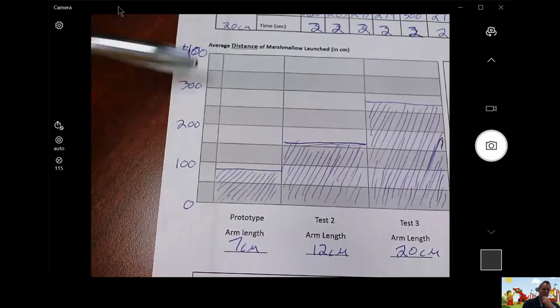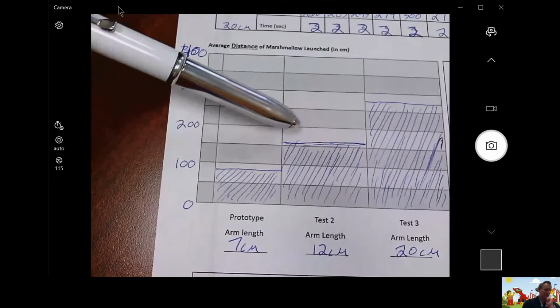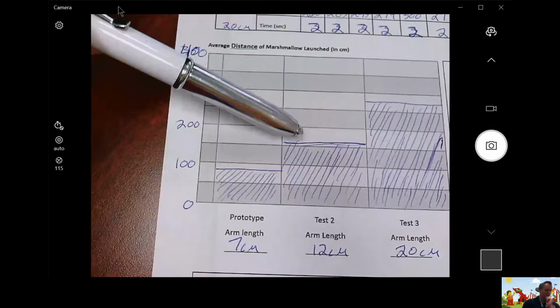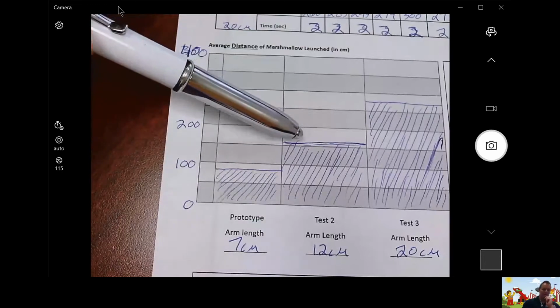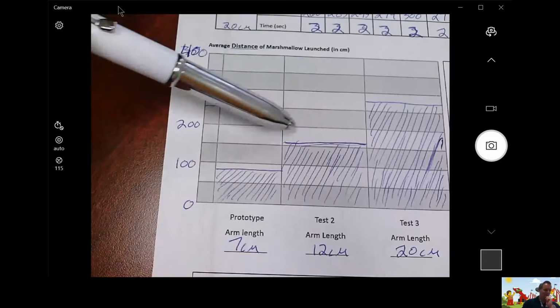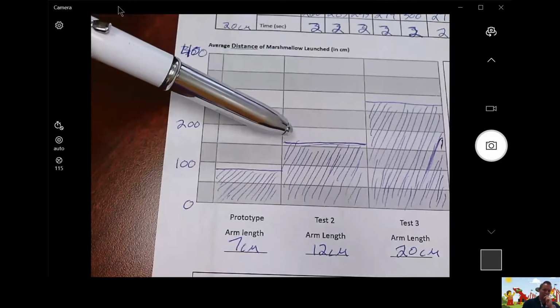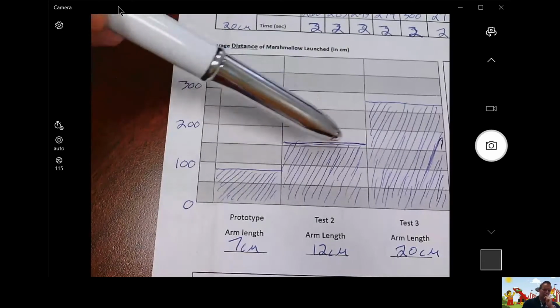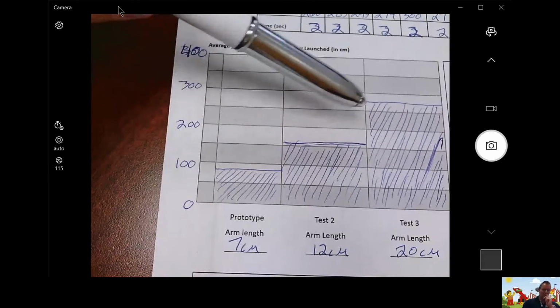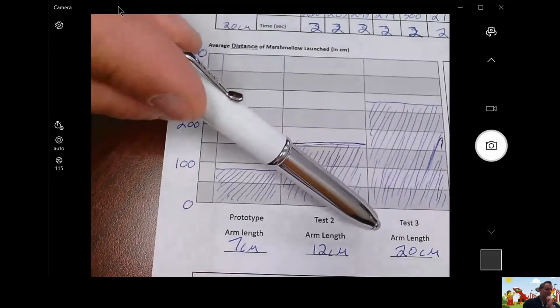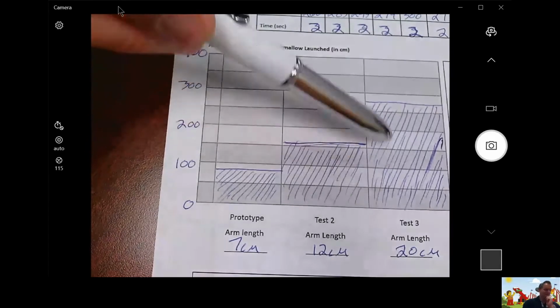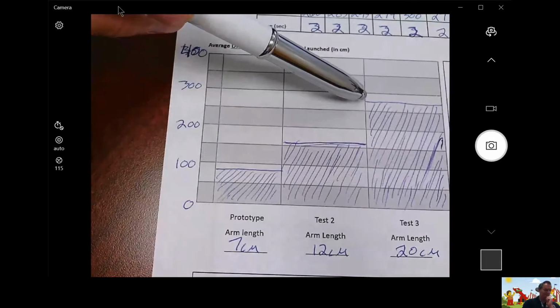And then my second average for my 12 centimeter launch arm was 155. So I made that just above the halfway mark. And I know you'll make your graph a little bit better than mine because you guys are awesome artists. And then my last launch arm, 20 centimeters, was 273.